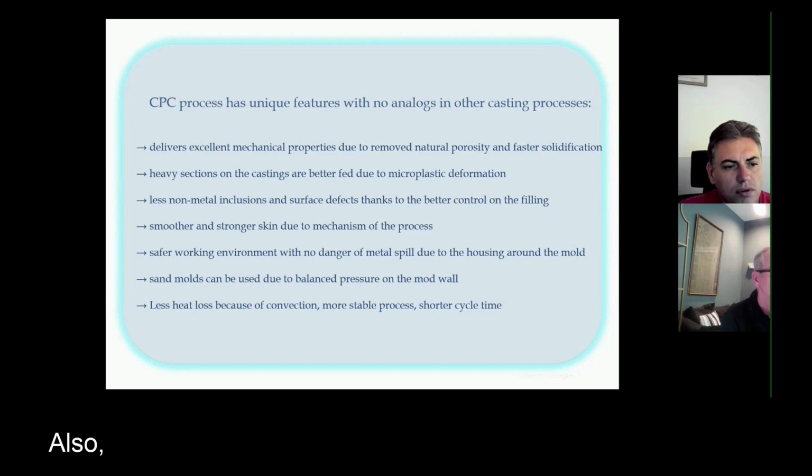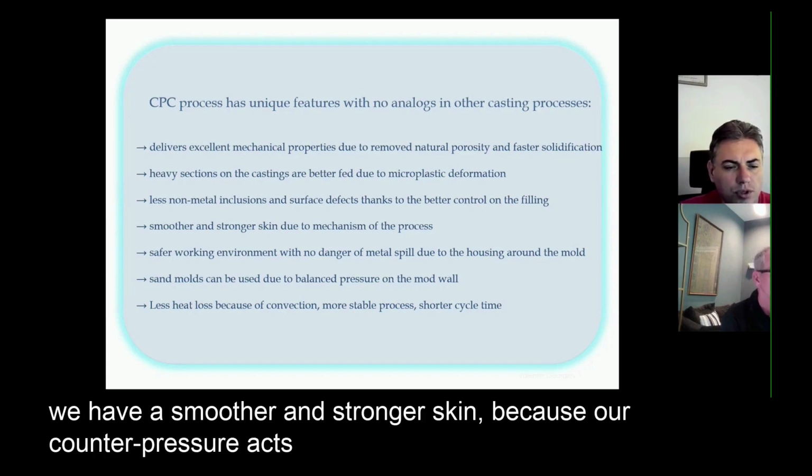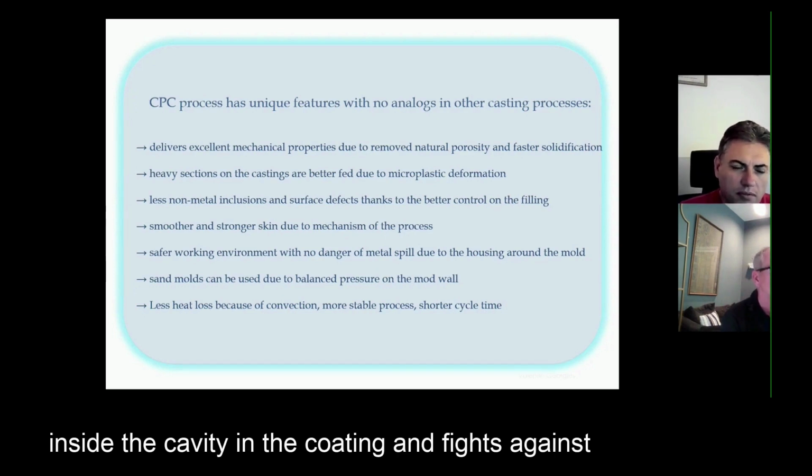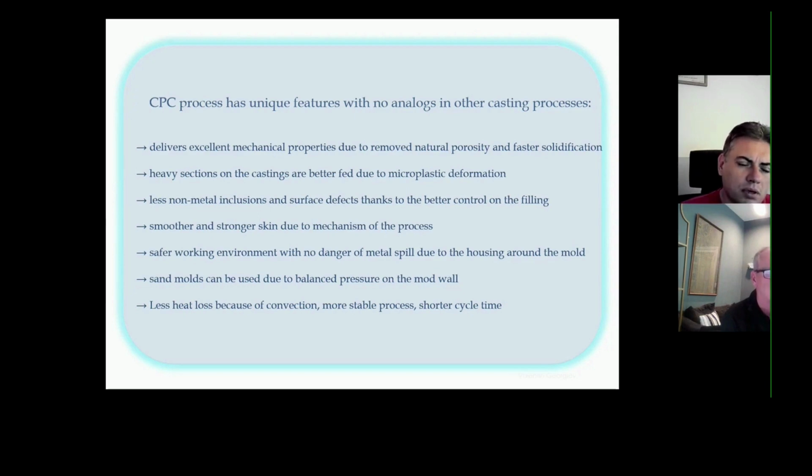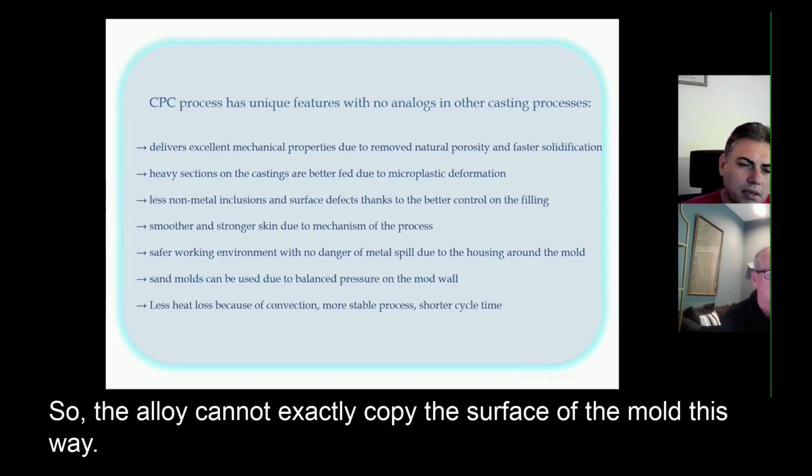Also, we have a smoother and stronger skin because counter pressure acts inside the cavity in the coating and fights against the filling pressure, so the alloy cannot copy exactly the surface of the mold this way.